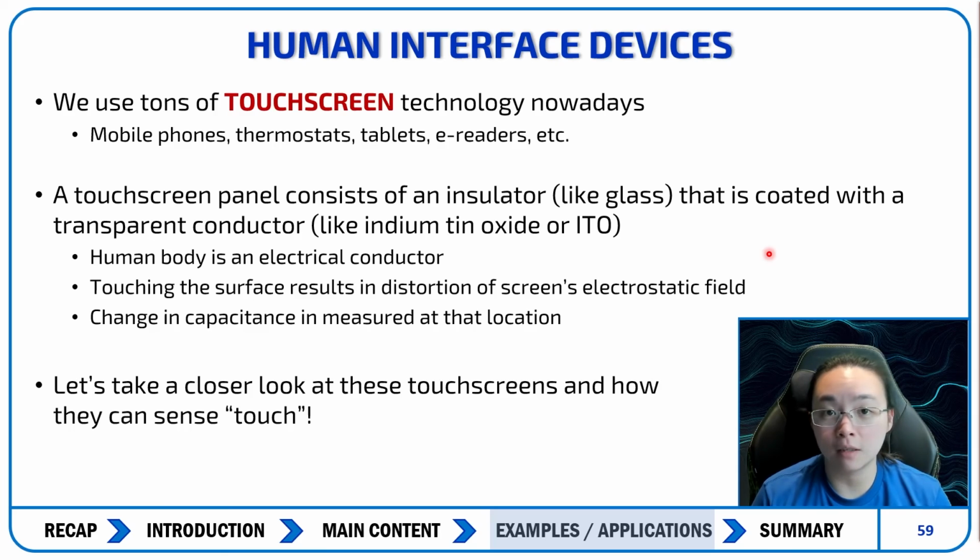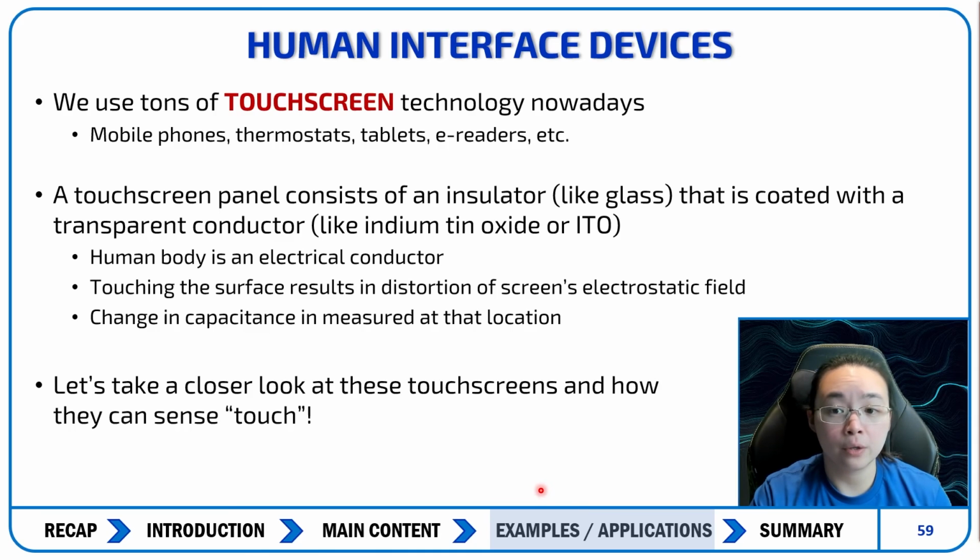Our human bodies are electrical conductors, so when we touch the surface, it results in a distortion of the screen's electrostatic field. And the software is going to monitor that change and then convert it to a location for the software or the program to understand where that touch was located and to open up that app or program. So a change in capacitance is then measured at the location.